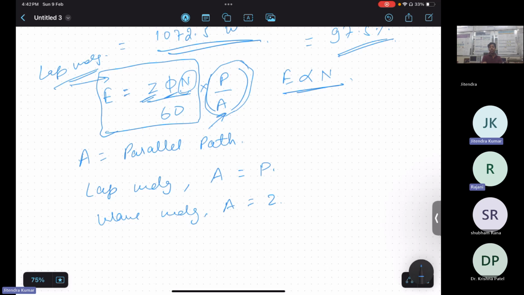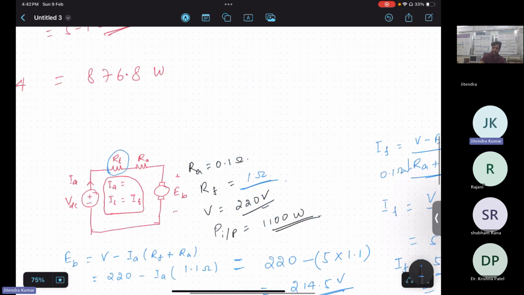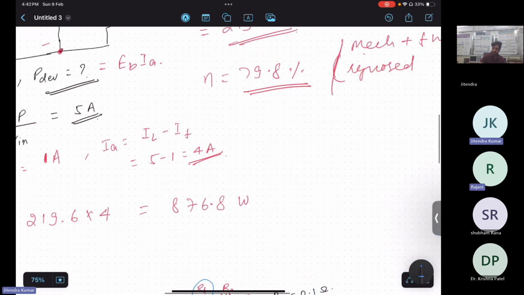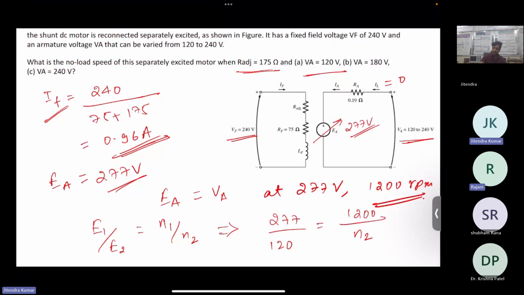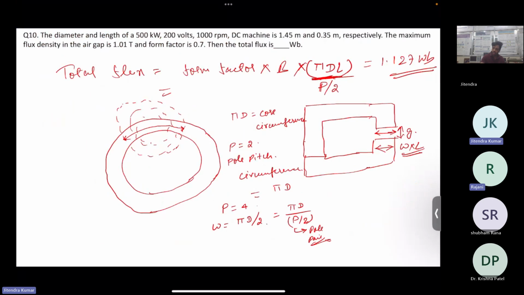No, that will not be directly D into L because it is not a transformer. We derive the area equation of this machine from the flux density. Here you could see, this is the area: pi D L divided by P by 2, where circumference is the width.